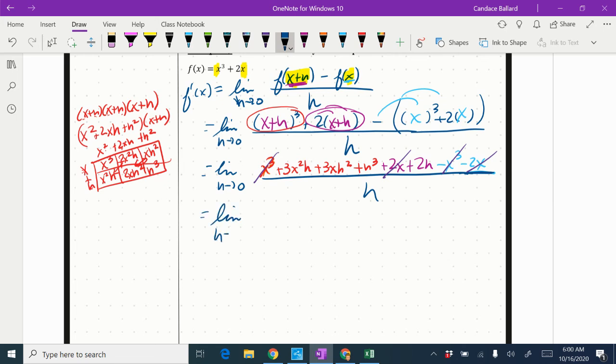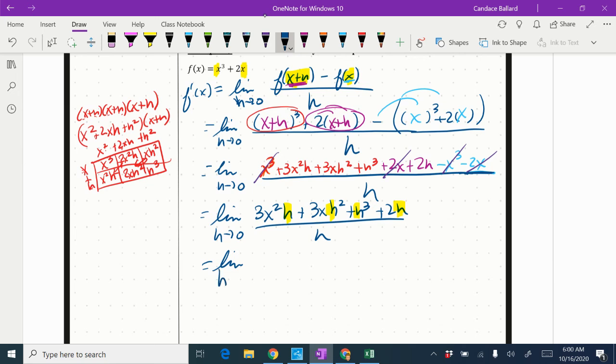I am going to just rewrite this out just to see where we're at. So the limit as h approaches 0 of 3x squared h plus 3xh squared plus h cubed plus 2h all over h. So it does look like I have an h in each term, so I'm ready to factor out the h.